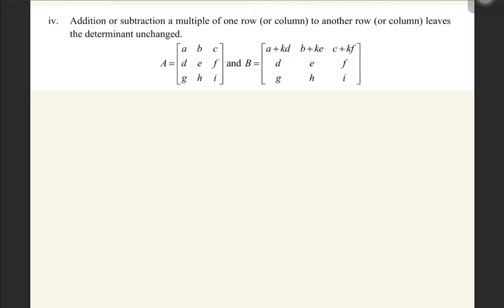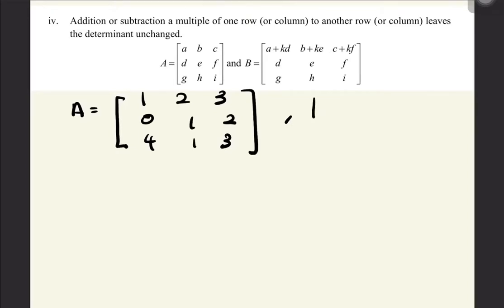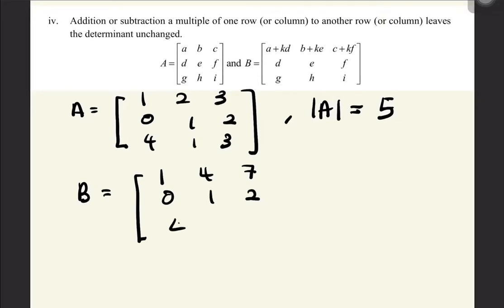Let's say we have matrix A, and we know that the determinant of matrix A is equal to 5. Okay. And matrix B is given by 1, 4, 7, 0, 1, 2, 4, 1, 3.